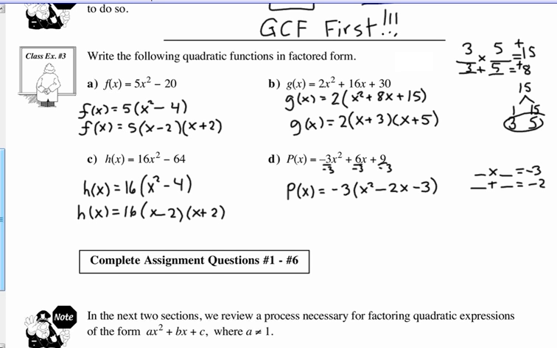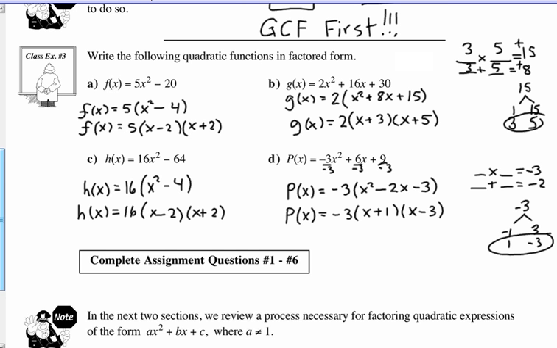So with 3, it's either going to be negative 1 and positive 3, or 1 and negative 3. Which one adds to negative 2? 1 and negative 3. So that becomes negative 3 times x plus 1 times x minus 3. Good work.